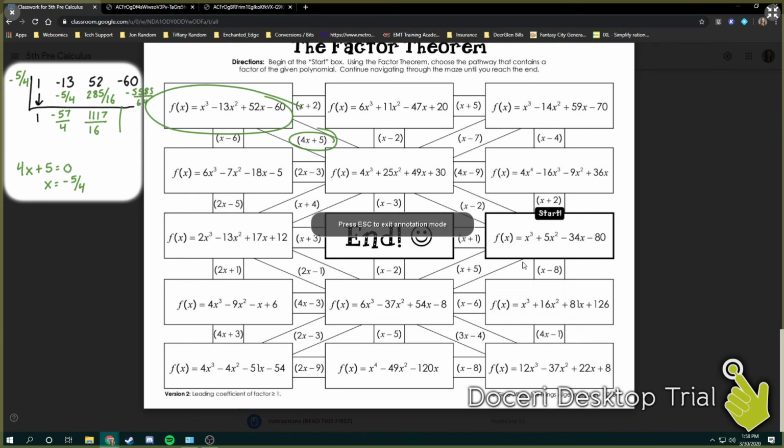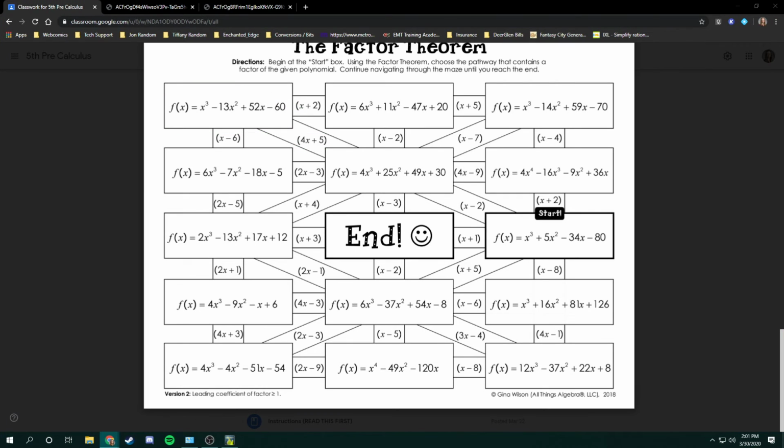I think that's alright. I do want to double check, make sure I haven't done something ridiculously silly on that problem. Just to be on the safe side.